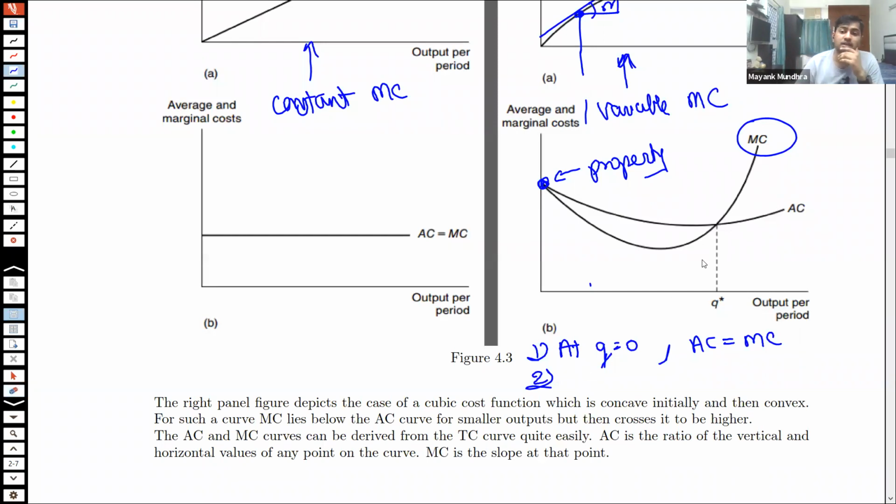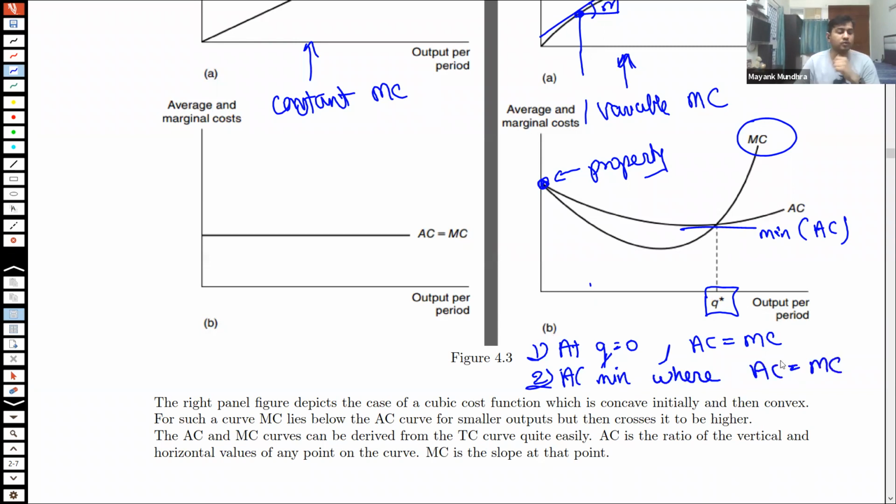The second thing is at this minimum, at this quantity Q star where they intersect, the average cost is minimized. Minimum average cost. So average cost is at a minimum where average cost becomes equal to marginal cost.